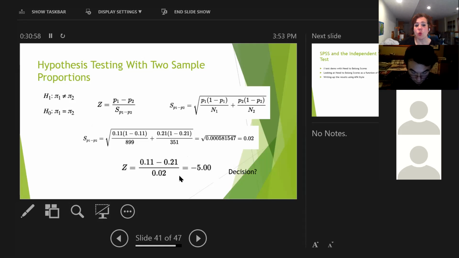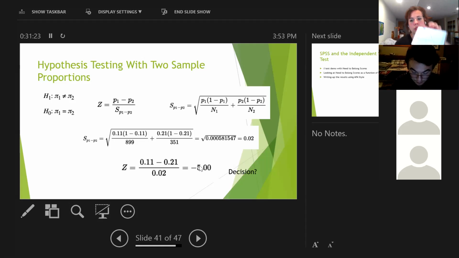So again, with a z-score of -5, if we're remembering our z-table, quick reminder: the z-table, your mean is at what number? Your mean is 0, right?